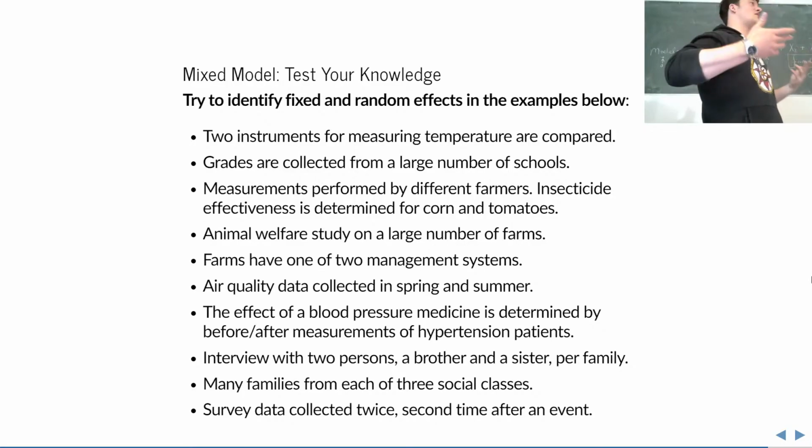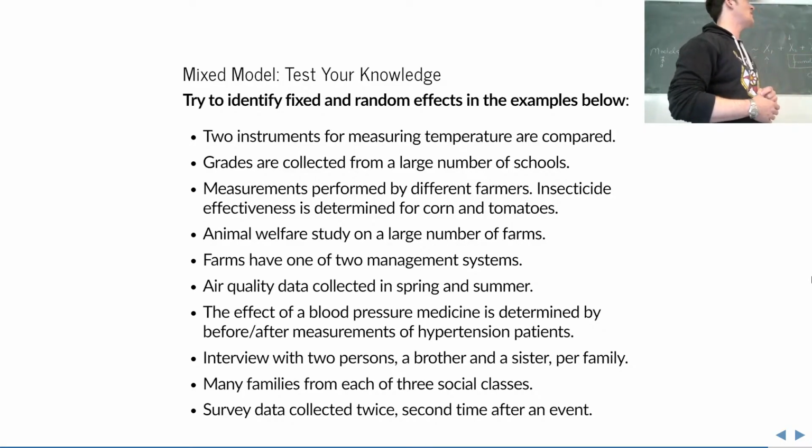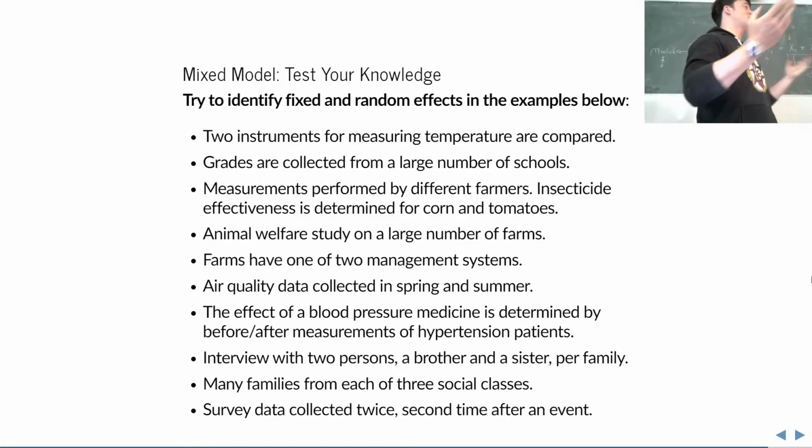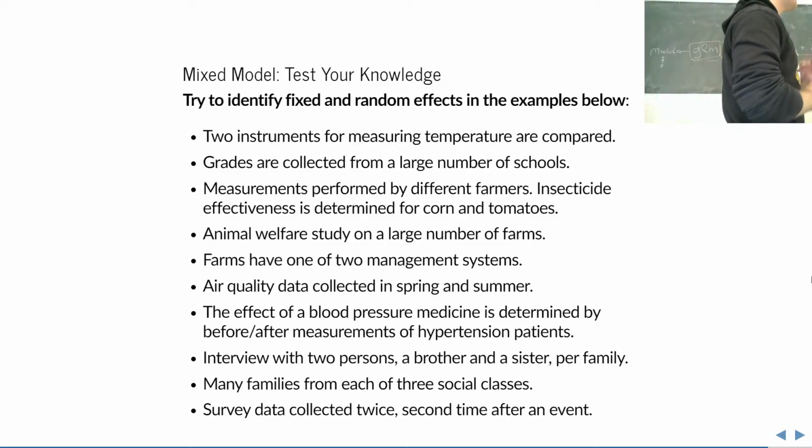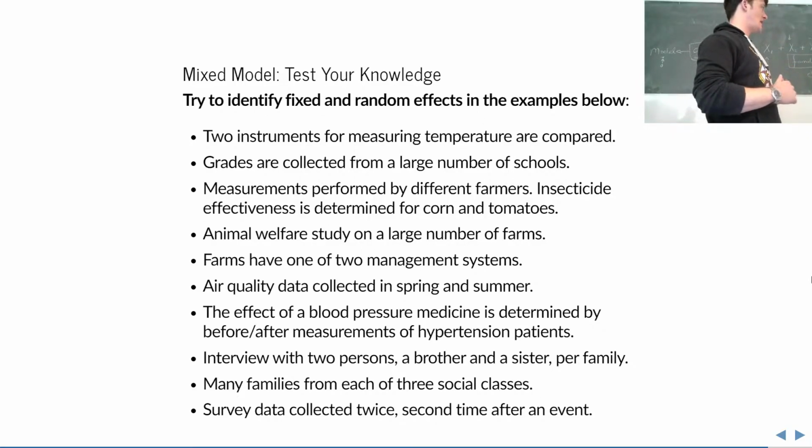Just be creative, think of, okay, maybe they were measuring this, and it was in this way. Describe it, and then tell me what is a fixed effect, what is a random effect. We can talk about that on Monday or some other time. I'll have to check the schedule for when I don't have to be at basic statistics, and otherwise you can ask questions about this on Brightspace, and we can discuss it there.